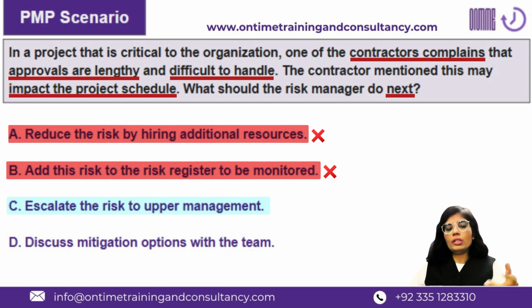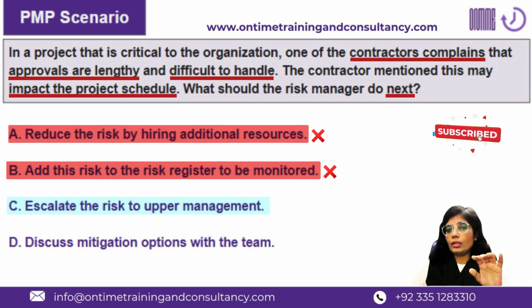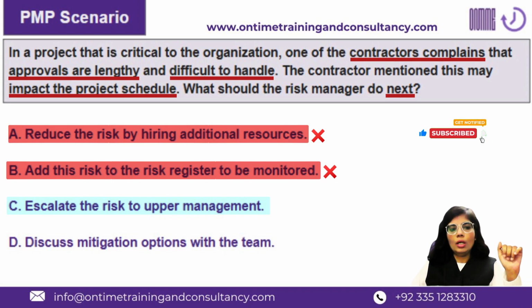And if it doesn't work, then yes, escalating may be an option. Escalation is usually an option for high impact or critical situations which may put the project viability, project vision or objectives at stake. So escalation, at least as a next step, is not the right thing to go for.